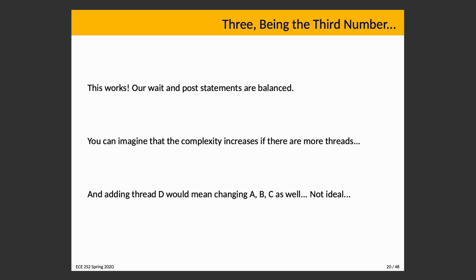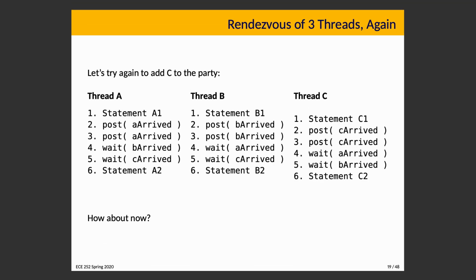If you have a thread D that you wanted to add to this, then not only do you have to write the code for thread D, but you have to go back and change A, B, and C. You change A, so there's 3 post statements and another wait statement here, and change B, so there's a 3rd post statement here and another wait statement, and same for C, and this becomes sort of exponentially, well, not exponentially, but linearly bad with the more threads you have, and if you wanted to have 12 threads or something, you will be saying, like, why do I have to write so many wait and post statements?